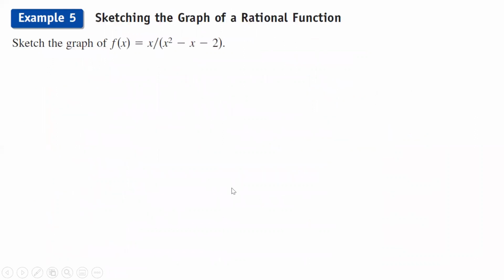So let's jam to number 5. Can we do this one? You said x divided by x squared minus x minus 2 is what we're looking at.